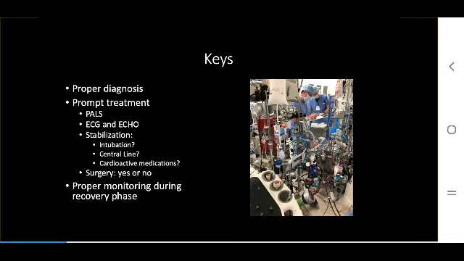And do we have the ability to do the surgery in our location, or do we need to start looking at transferring the child either out of our city or out of our clinic to a higher advanced level center, whether that's in our country or outside of our country? And we really need to make sure that we have proper monitoring during the recovery phase.